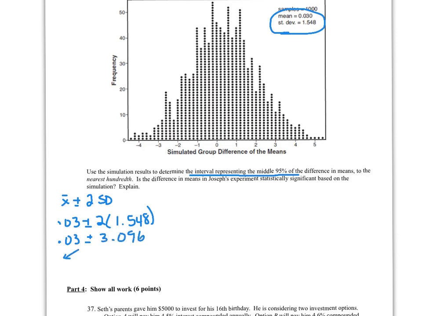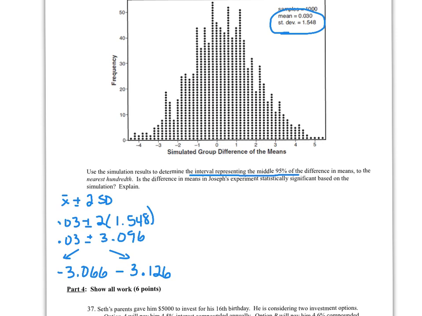And then we're going to subtract 3.096 from the 0.03, and then we're going to add it. All right, so we end up with negative 3.066 through, and then our maximum there would be 3.126. And it says to the nearest hundredth.